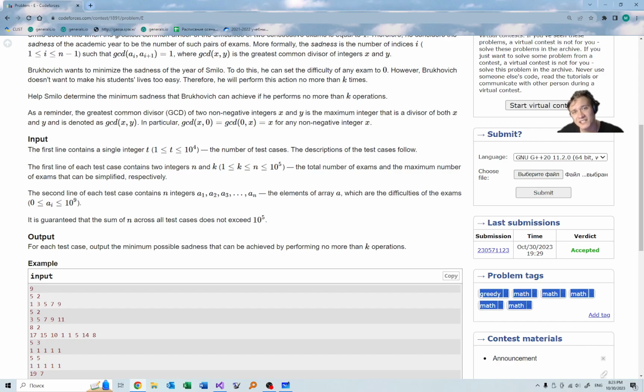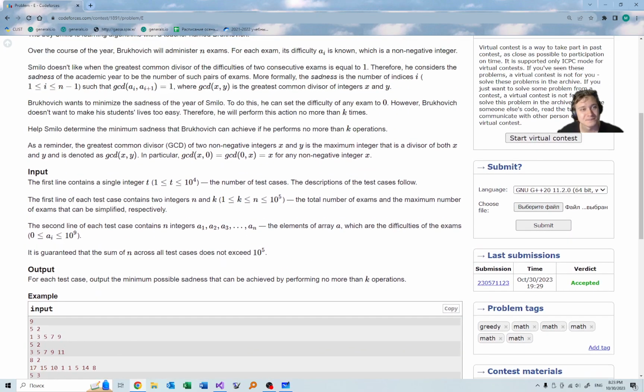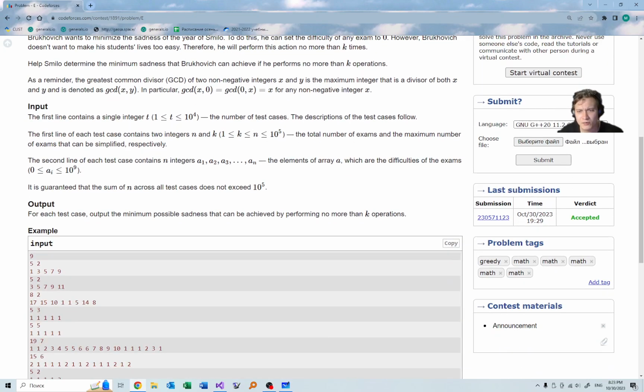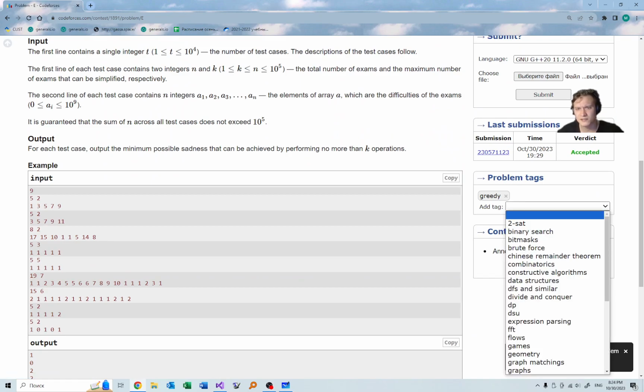I would say it's a little of math and a lot of greedy. So I disagree with it. Actually, I can remove one of the maths, can't I? Yeah, I can remove one of the maths. Oh, now it... Sorry.